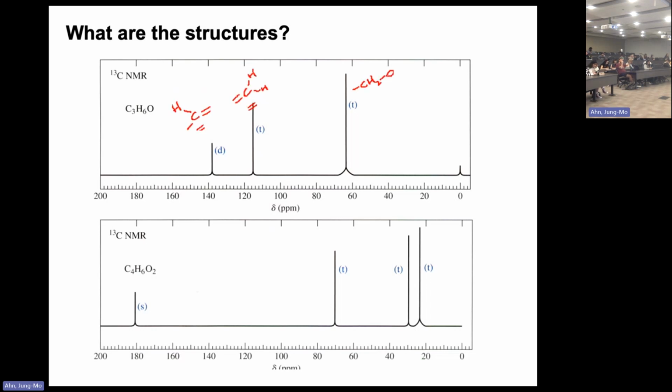So this carbon should have an oxygen in order to pull down this far. Otherwise, if there's no oxygen, this carbon peak should be over here. So if you see a peak between 60 and 90, that typically means that carbon has an oxygen bonded to it.